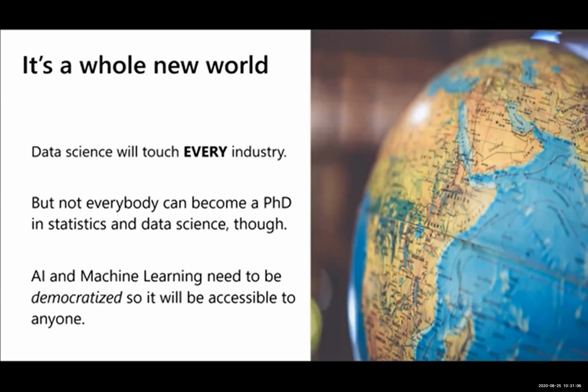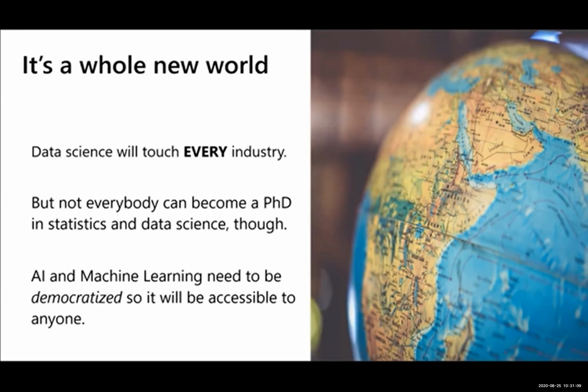And we know not everybody can become a PhD in stats and data science. AI and machine learning need to be democratized so it will be accessible to anyone. Just like cloud computing was fundamental in the explosion of startups, machine learning democratization will likely power the next generation of applications crafted by developers, but also directly used by consumers and business tools.